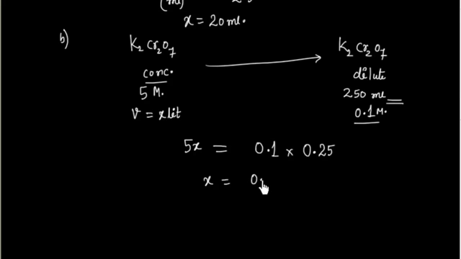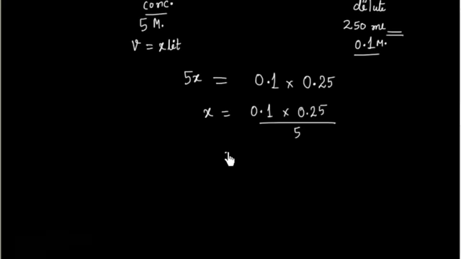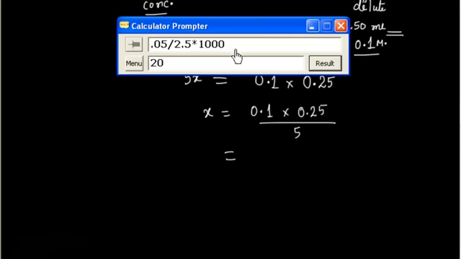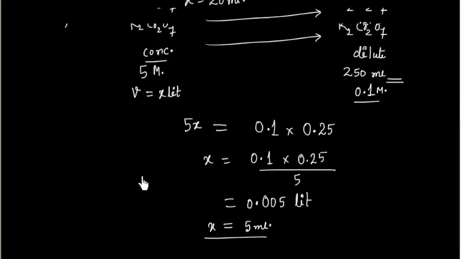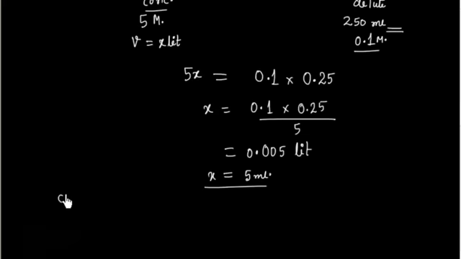So x is equal to 0.1 into 0.25 divided by 5, so this is 0.005 liter, or converting into milliliter, that is 5 ml. So we have to take 5 ml of K2Cr2O7 solution, that is a concentrated solution.